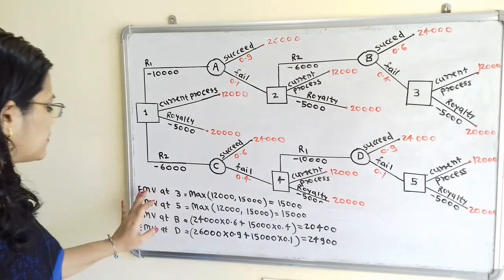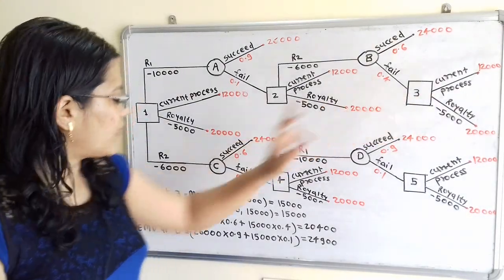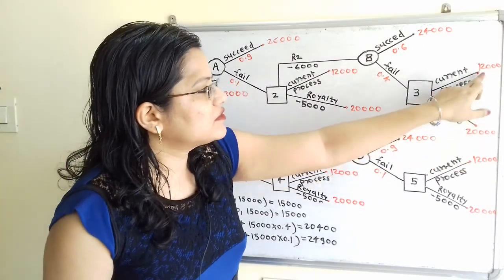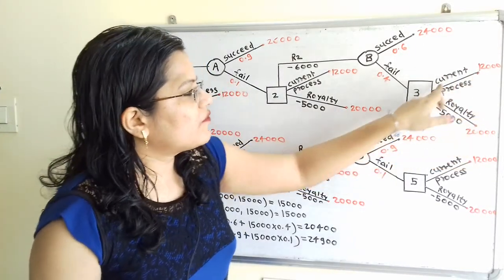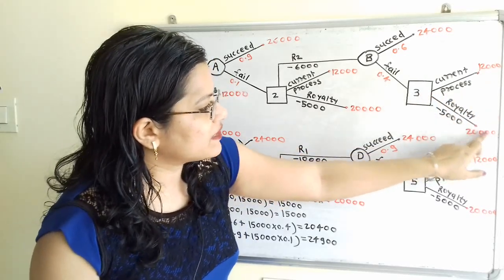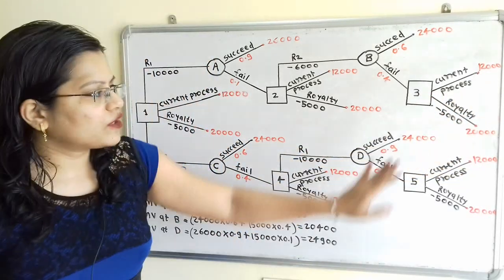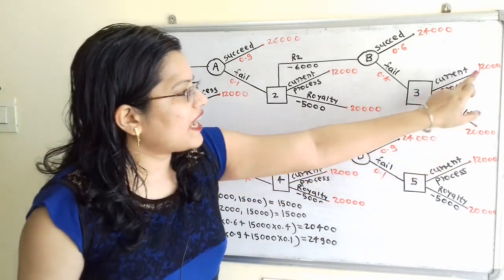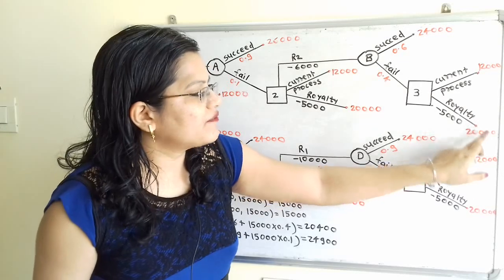So if we observe the expected monetary value at node 3, we have to select the maximum of these two outcomes. The outcome for this branch is 12,000 and the outcome for this branch is 20,000 minus 5,000, because we have to subtract the cost for royalty. So here we have to select from 12,000 and 15,000.